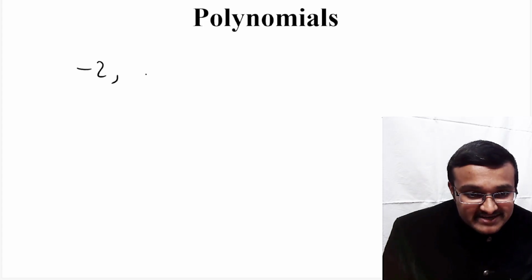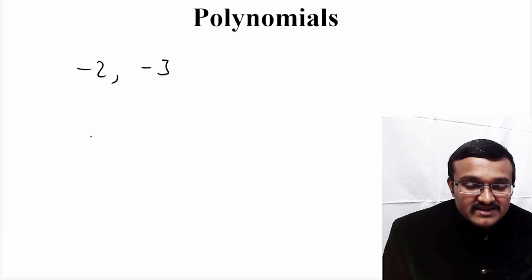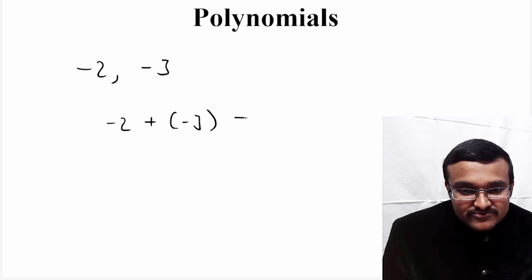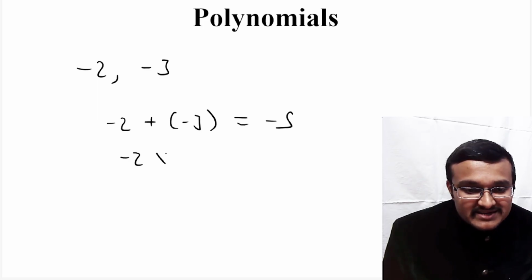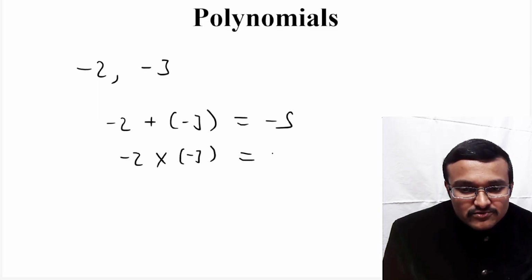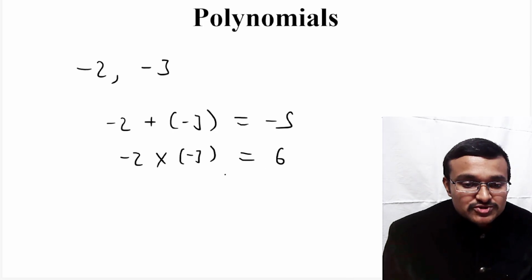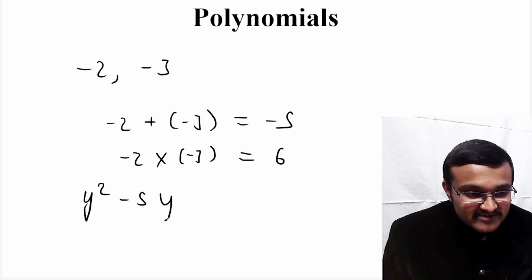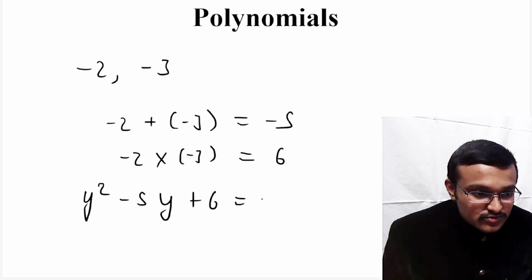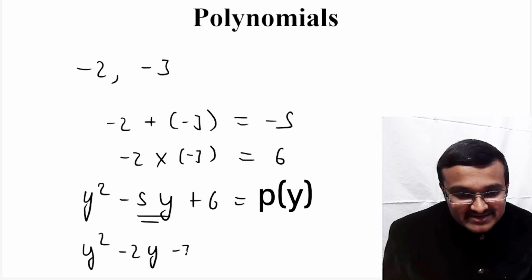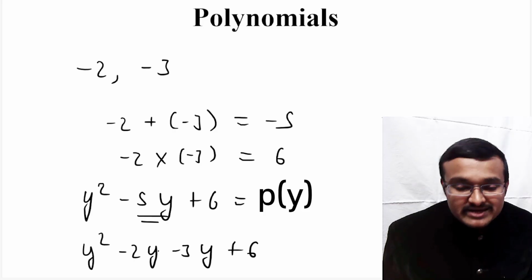If you consider minus 2 and minus 3, then minus 2 plus minus 3 gives you minus 5, and minus 2 into minus 3 gives you plus 6, because minus into minus is plus, and 2 into 3 is 6. So y square minus 5y plus 6 is equal to y square minus 2y minus 3y plus 6.